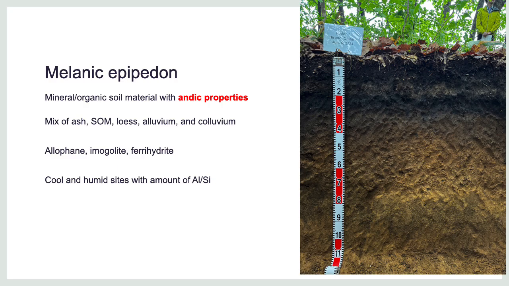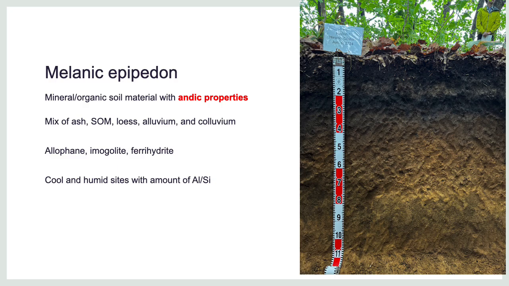Well, all of these layers are different types of ashes from different types of eruptions, okay? So different volcanoes or the same volcano could produce ash, and this ash could be deposited at different times, and after this accumulation, soil can have some specific properties related to this melanic epipedon.